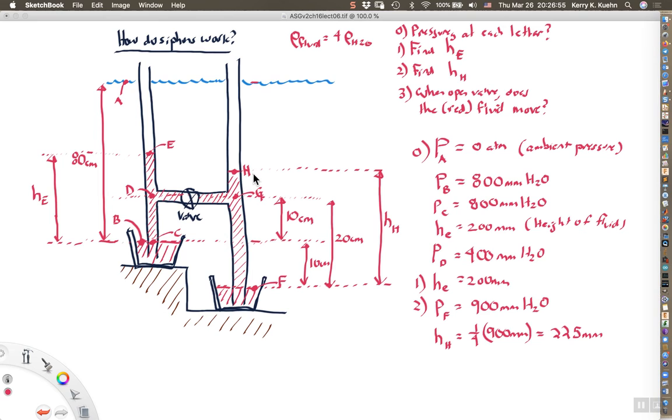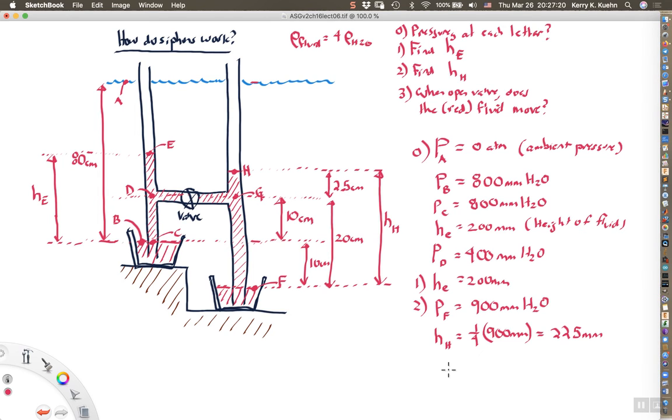Notice here, if this distance, H, is 225 millimeters, we know that this is 200 millimeters. So immediately we can find that this distance right here is going to be 25 millimeters or 2.5 centimeters.